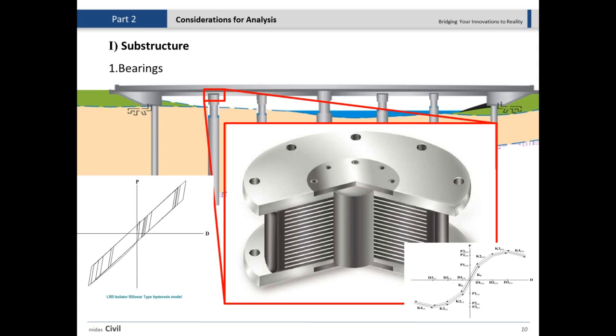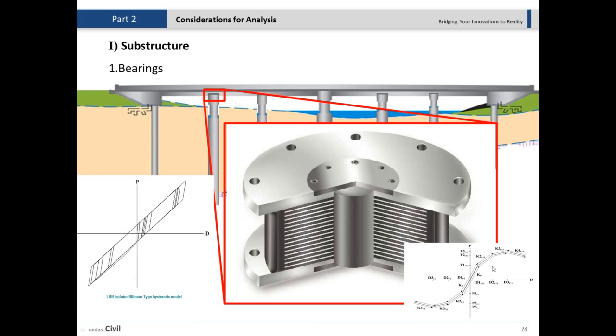Now, I said that these bearings are important because personally I saw many cases of old or existing bridges that didn't have enough capacity for seismic events, and there were plans to rehabilitate them. If you want to do the rehabilitation, if you want to increase the sections or do any type of that, it's going to be so expensive. But I saw so many cases where just placing bearings at different parts of the structure, like in abutments or on top of the piers, can be pretty economical, and it can save the structure a lot.